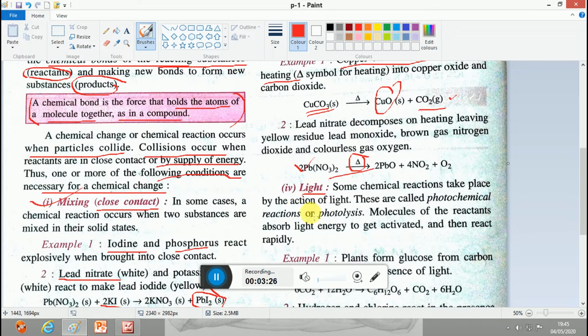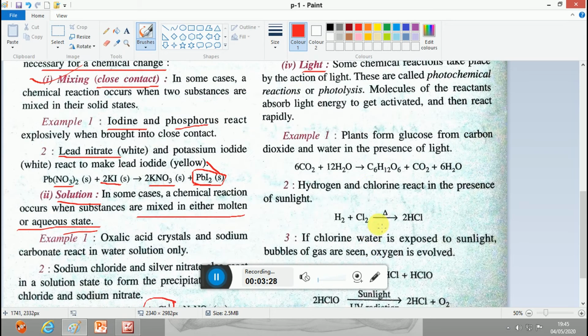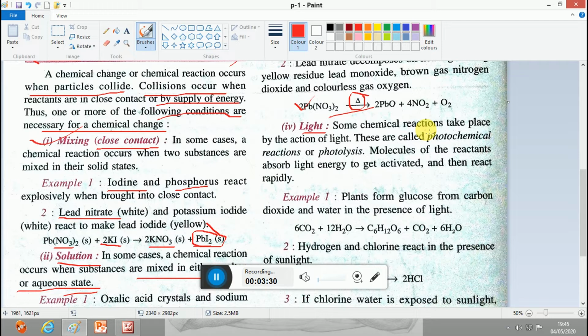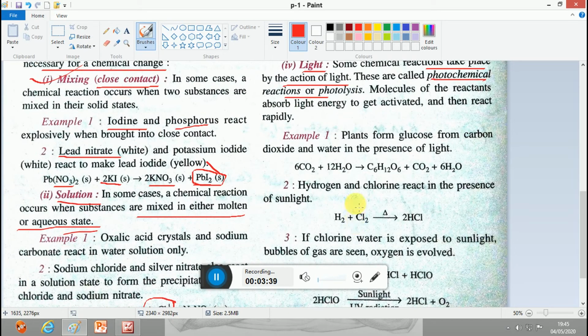Next condition is light. Some chemical reactions take place by the action of light. These are called photochemical reactions or photolysis. Plants, this is the case of photosynthesis. This happens only in presence of light. You can write h nu.